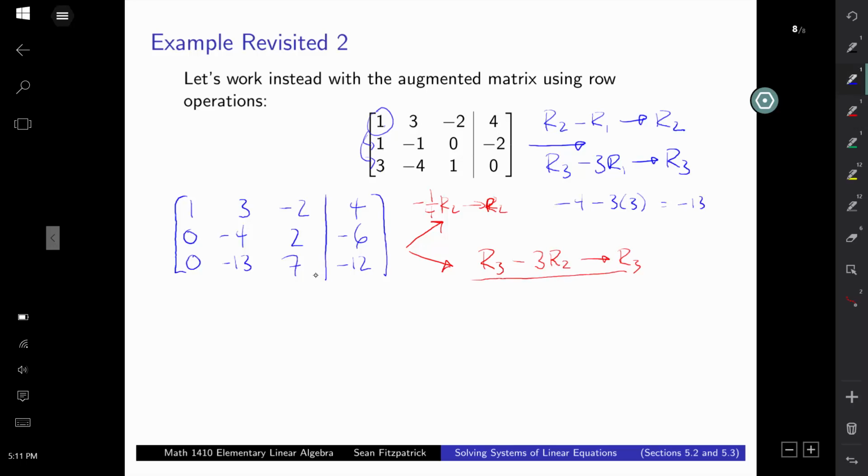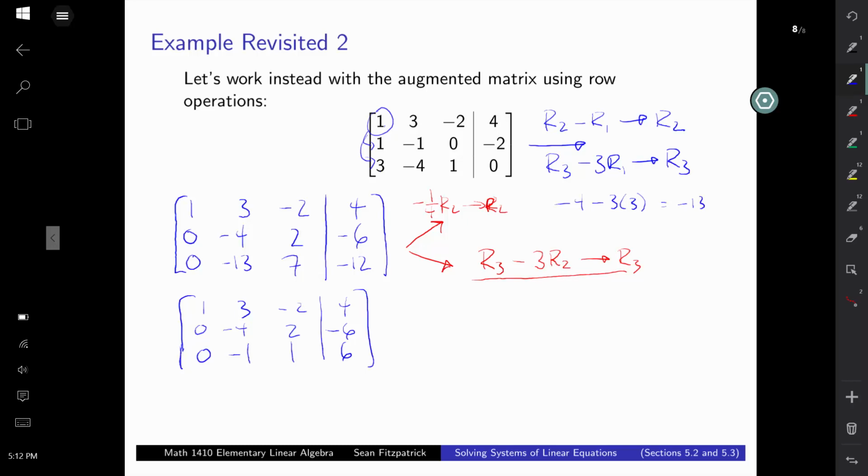Well, let's see what we get. 1, 3, minus 2, 4, 0, minus 4, 2, minus 6. Okay, 0. So minus 13 minus minus 12 gives me a minus 1. 7 subtract, so 3 times 2, 7 minus 6 gives me a 1. And then minus 12, I'm going to get a 6 there. Okay. So I get down to there.